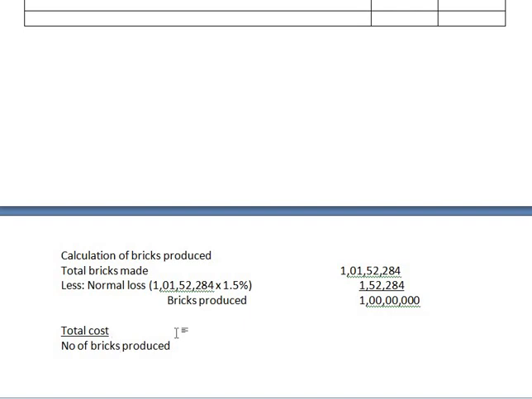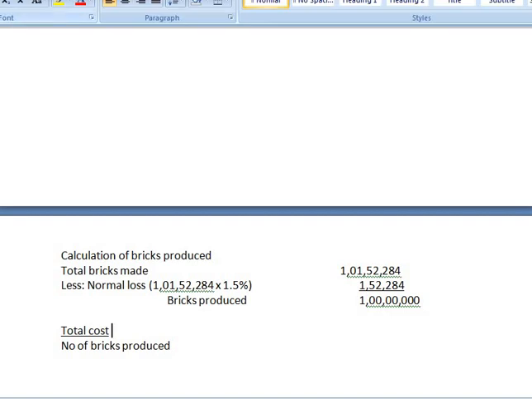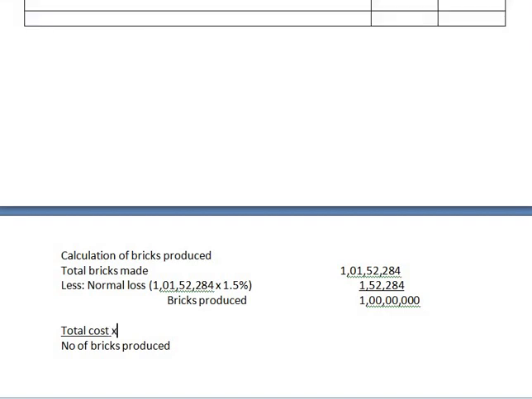Now here we can write how much they have told per 1000 bricks; we need to calculate per 1000. So this is how we calculate per 1000. Total cost we don't know.